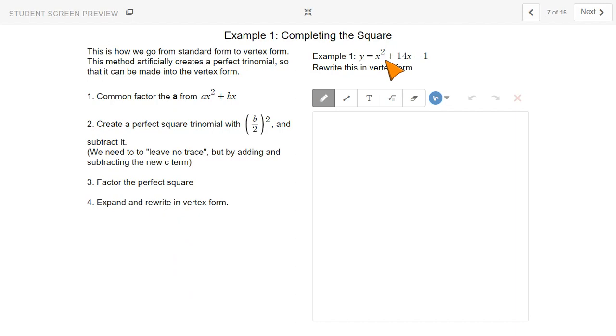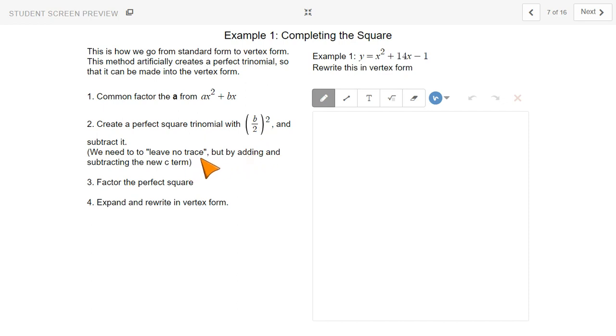When we're going from standard form back to vertex form using the completing the square equation, we're first going to factor out the a, then we're going to introduce a new c term so that we get a perfect square binomial. Since we're introducing this, we have to remove it at the end.